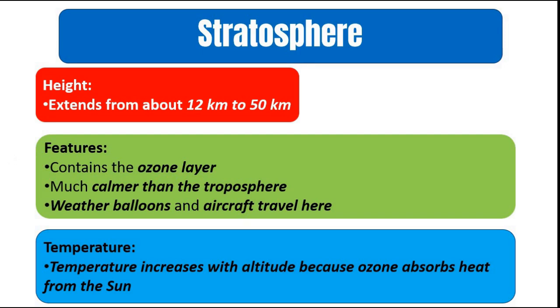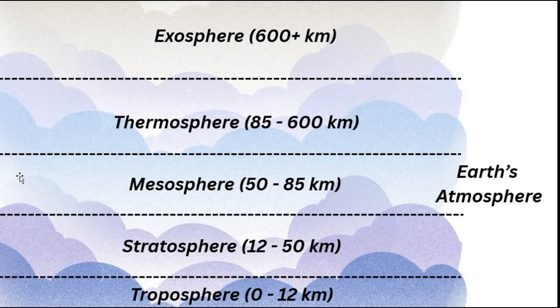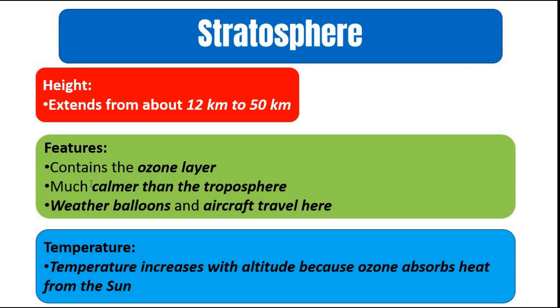So it is the stratosphere, the layer above the troposphere, where the ozone layer is found. Now this region is much calmer than the troposphere, and this is the region where aircraft and other things travel. The temperature in this layer increases with altitude, because ozone absorbs heat from the sun.